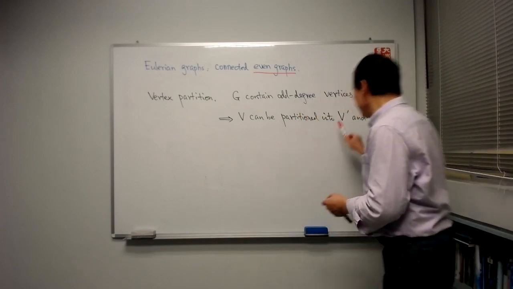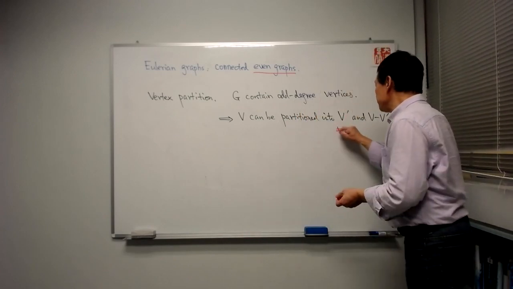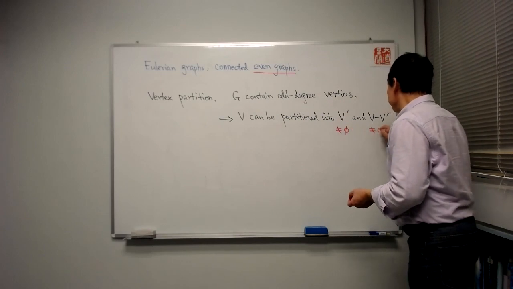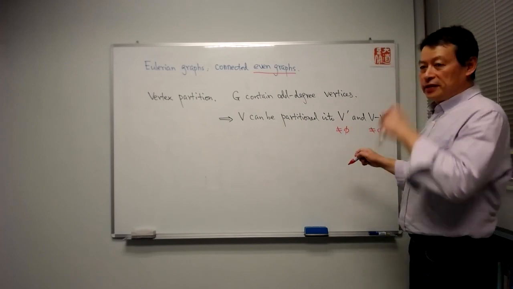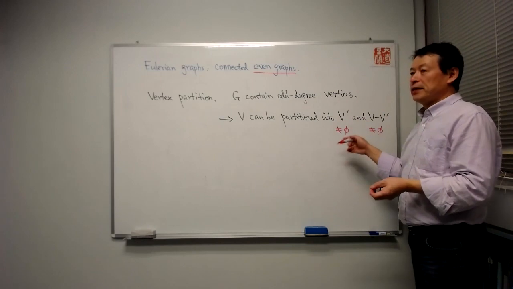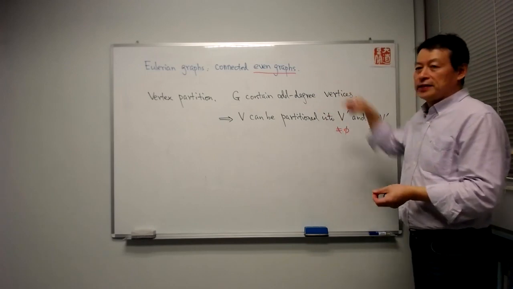This one is not empty, and this one is also not empty. Of course, they cannot be empty, right? Because if one is empty, the graph is not even.